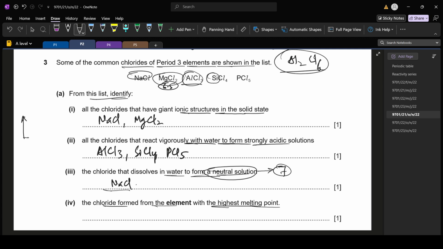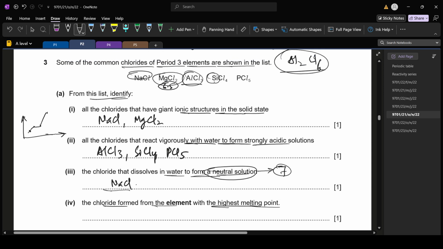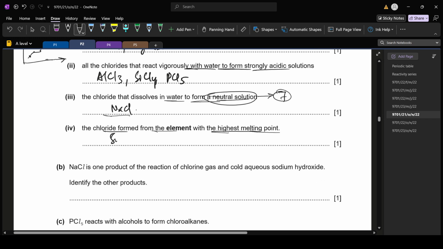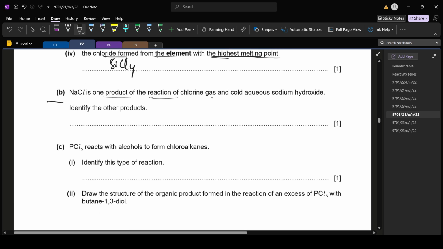You know the trend of melting points: sodium, then magnesium, then aluminum, with a small difference between magnesium and aluminum. Then silicon has a giant structure, so it has a very high melting point. So the element is silicon, and its chloride is SiCl4.